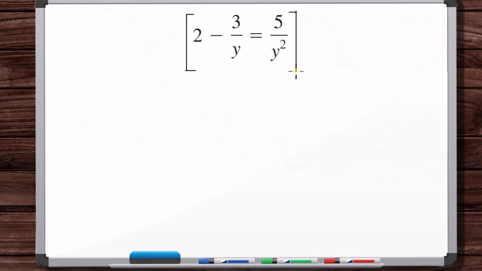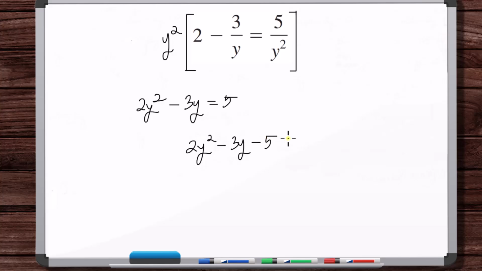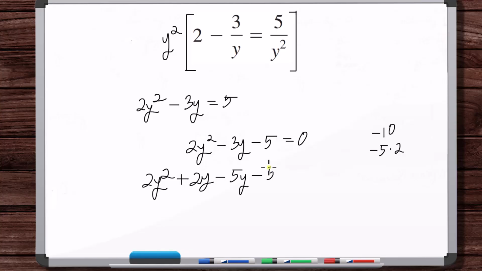Let's multiply this entire equation by y squared. So we've got 2y squared minus 3y is equal to 5. So 2y squared minus 3y minus 5 is equal to 0. 2 times minus 5 is minus 10, so minus 5 times 2. It looks like we can do 2y squared plus 2y minus 5y minus 5.